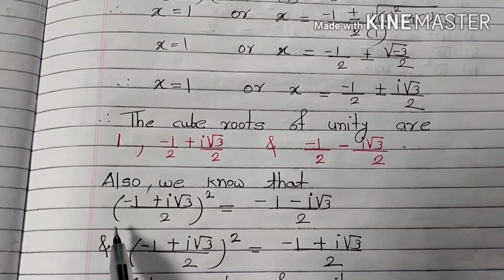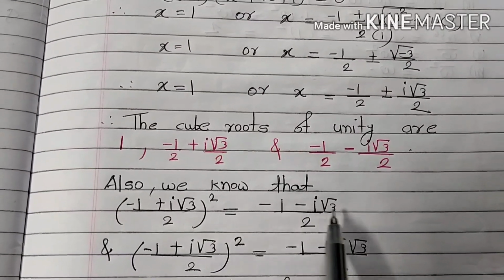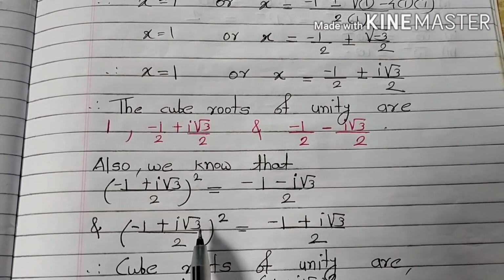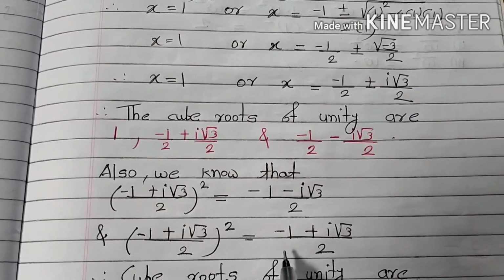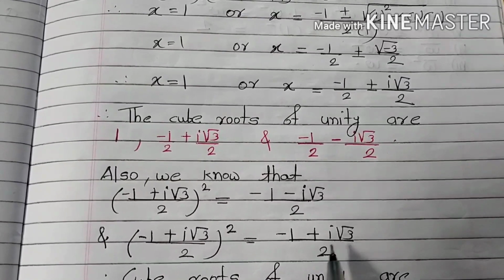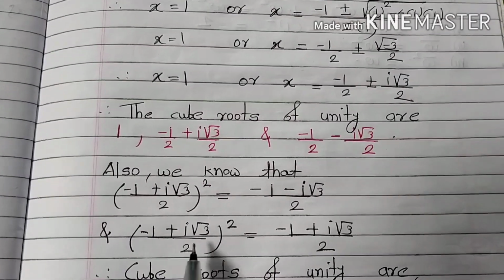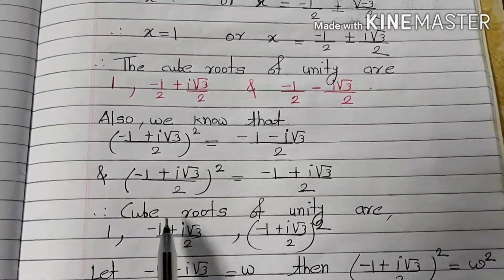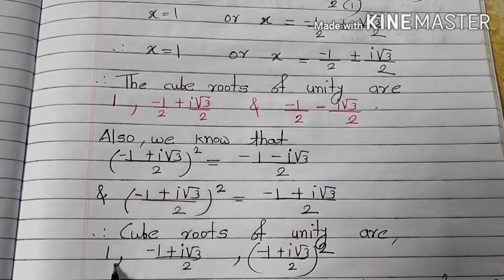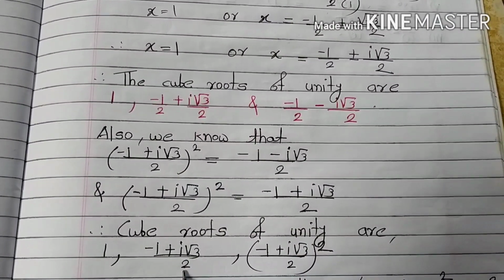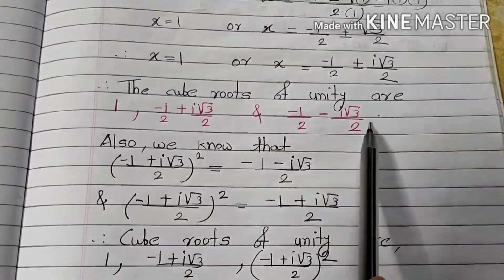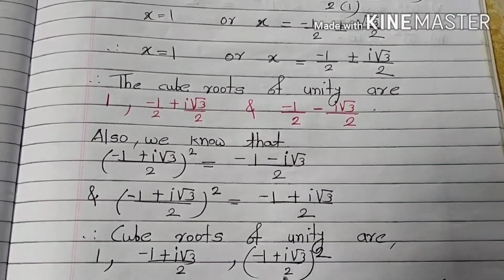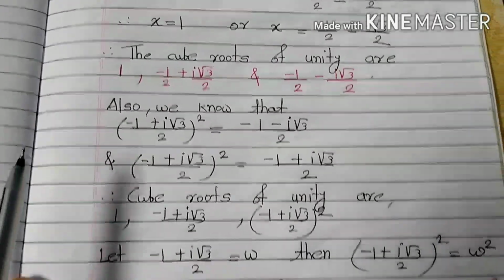You can check using the (a plus b) whole square formula. Also, ((minus 1 minus i root 3) upon 2) square is equal to minus 1 plus i root 3 upon 2. It can also be checked by using (a plus b) whole square. Therefore, the cube roots of unity are 1, and minus 1 plus minus i root 3 upon 2, this first part, and instead of this second, we take ((minus 1 plus i root 3) upon 2) whole square.